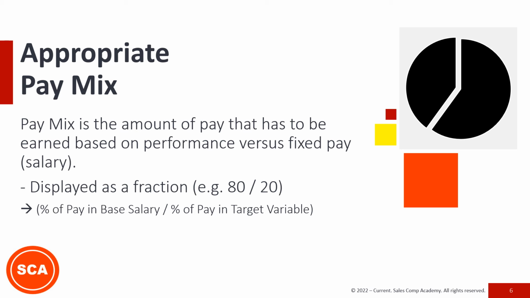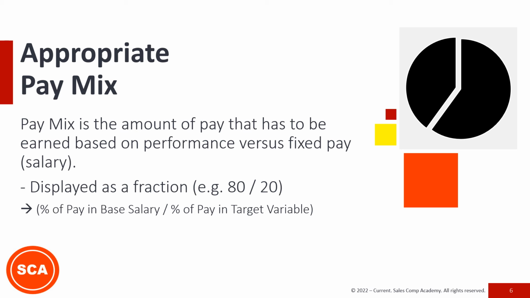It is typically displayed as a fraction. In the example you see, 80-20 means 80% of a person's OTE is base salary and 20% is target variable. The amount of money that has to be earned via a sales compensation plan is a target variable.